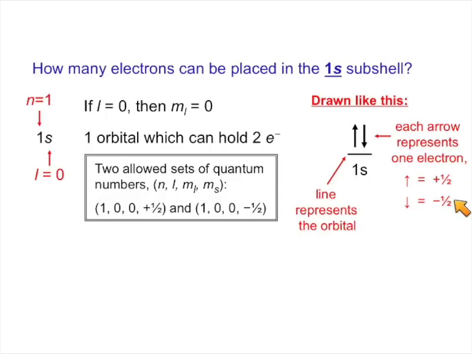Then you can also draw a down arrow and say that represents minus 1/2. So the 1s orbital can hold 2 electrons with different spin quantum numbers, and we can draw them like this. If you were going to put electrons in the 2p subshell, you would have 3 lines, because as we saw in the last problem, there are 3 different p orbitals you can use, so you could put 6 electrons in there.